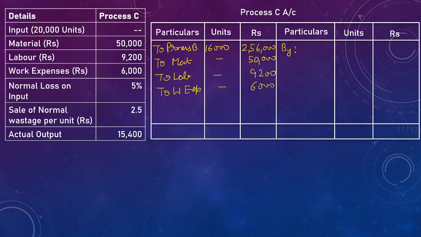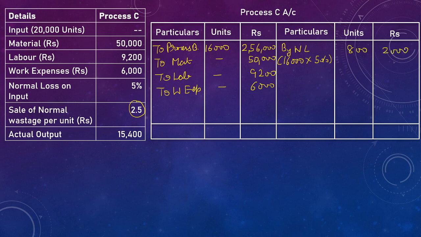In this process, the normal loss units are 5% on input. Here our input is 16,000 units and normal loss is 5% of 16,000. So our normal loss units are 800 and our net realizable value or the sale value of normal loss is 2.5 per unit.